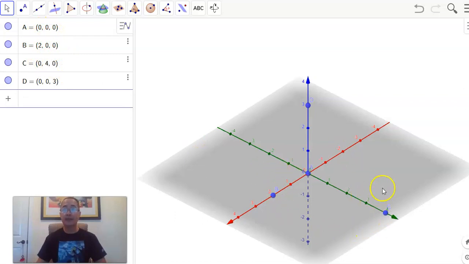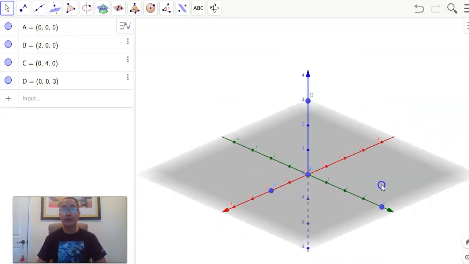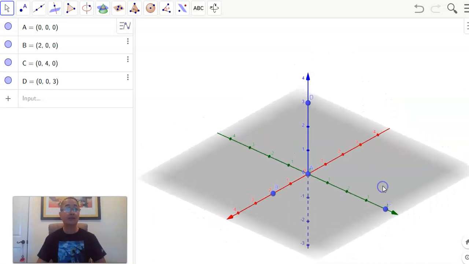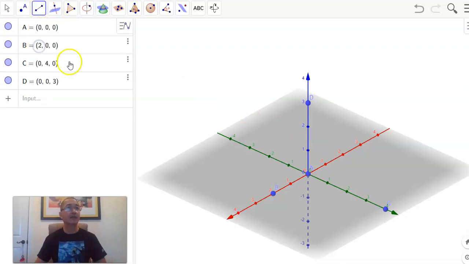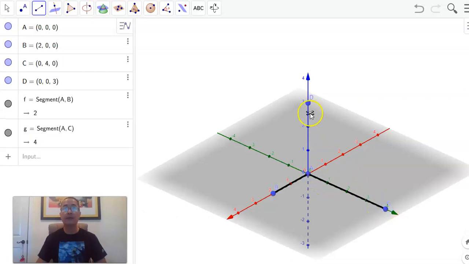There they are. So what we're going to do now is connect the vertices to complete our tetrahedron. Click on segment and let's start at the origin. So let's make A to B, all right. And then let's do A to C. There we go. Default color is black.